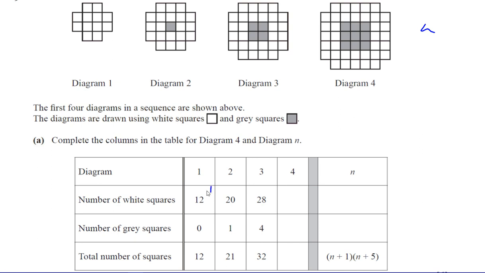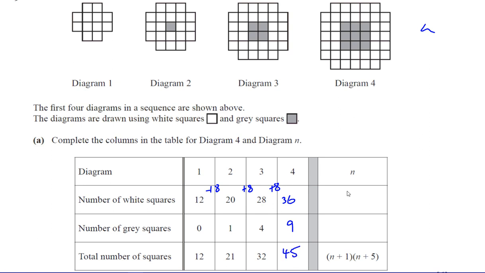It seems quite obvious that we're adding 8, which gives you 36. And for the number of grey squares, 0, 1, 4, you can see there's 9 here. 3 times 3, that's 9. The total number of squares, well, you can just add these together: 12 plus 0, 20 plus 1, 28 plus 4, 36 plus 9, which is 45.